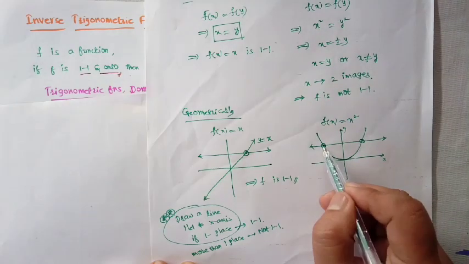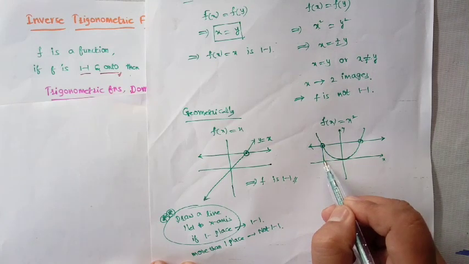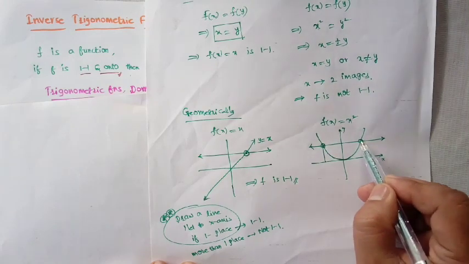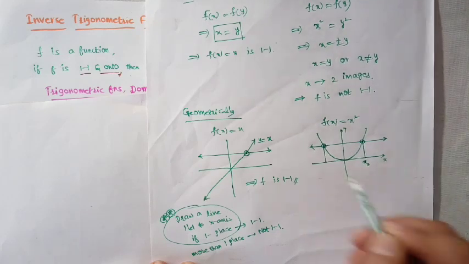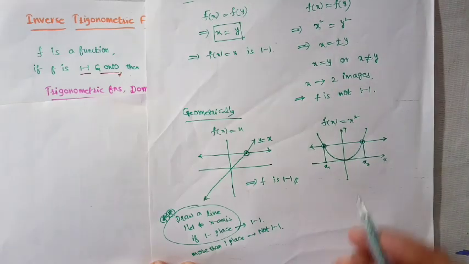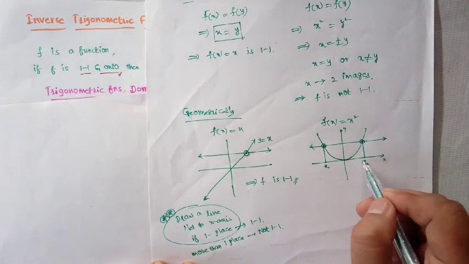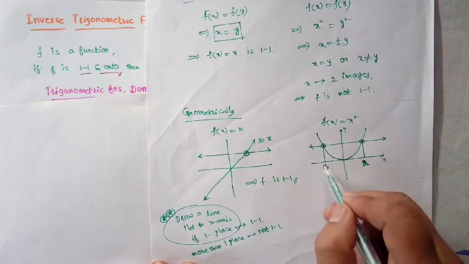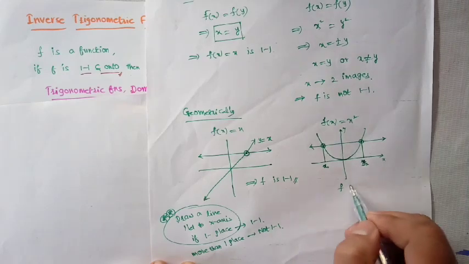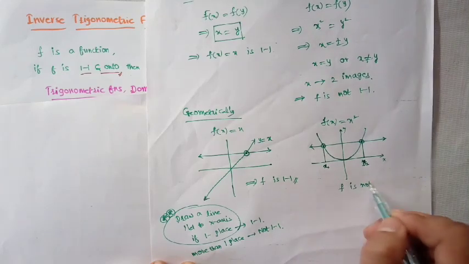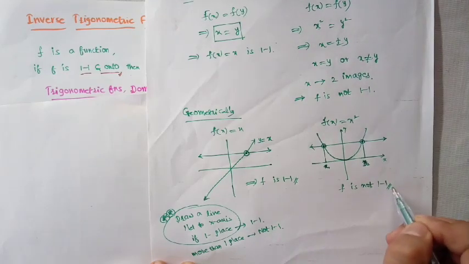So this particular y has pre-image x, and it has a second pre-image here, x1. Consider x and y here. So both the values are taking the same image here. So in this case f is not 1-1.